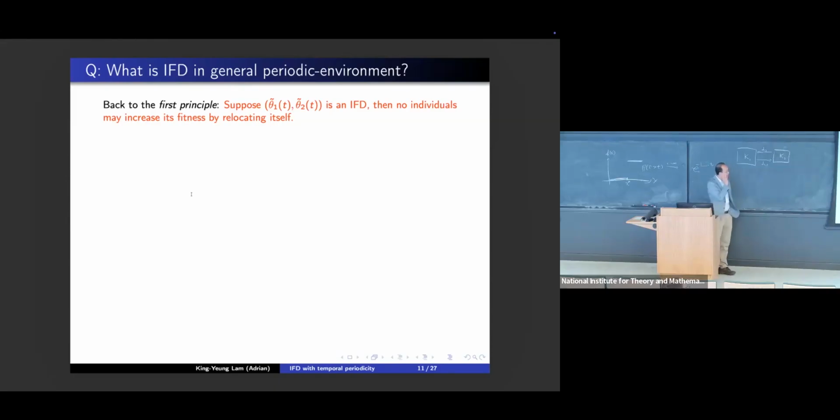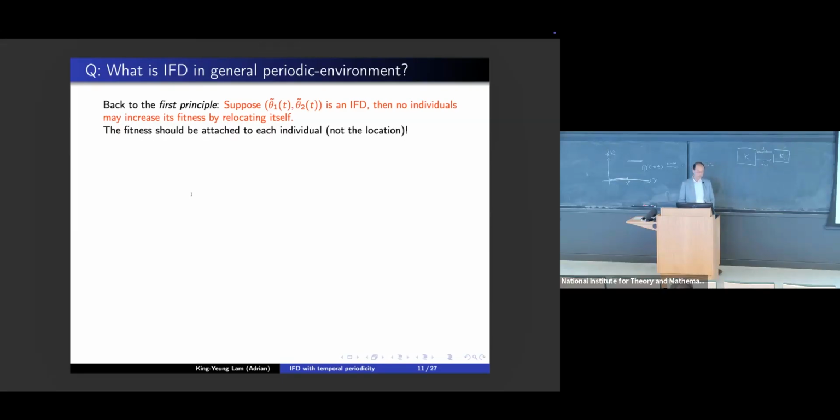One way to think about it is to read Fretwell and Lucas again. What is the ideal free distribution? The question is, what is fitness? How do we define fitness? Suppose the population is in a time-periodic state. Suppose no individual can increase its fitness by relocation.